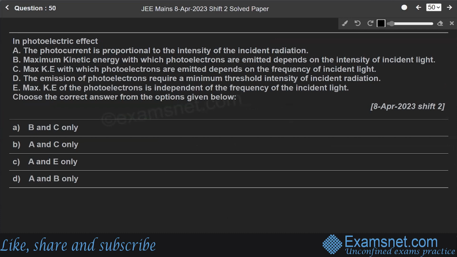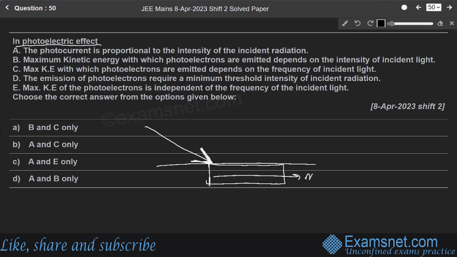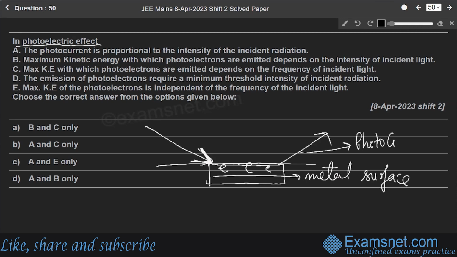So first of all, we should know what the photoelectric effect is. The photoelectric effect is basically this: whenever photons are incident on a metal surface, suppose let us say this is a metal surface, the electrons from this metal surface are ejected out, and these electrons induce a current called photoelectric current or photocurrent.